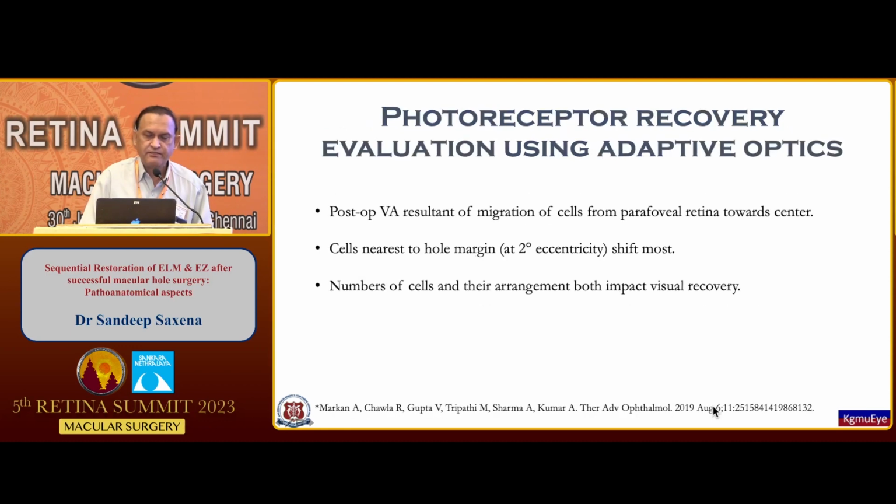Now, adaptive optics, as discussed earlier, has also been a very important part of photoreceptor recovery, and it has been shown that the parafoveal cells migrate in the restoration, and the cells nearest to the margin, at about 2 degrees eccentricity, show the maximum effect.